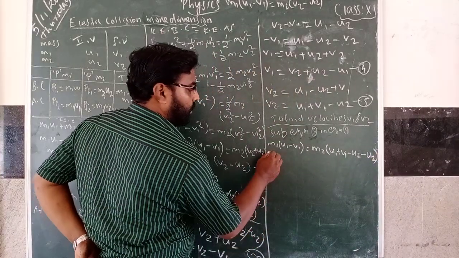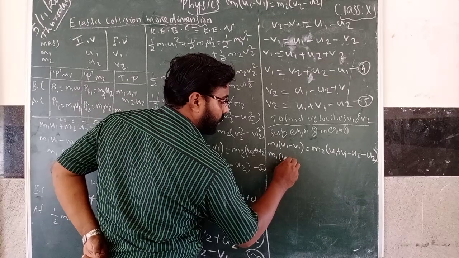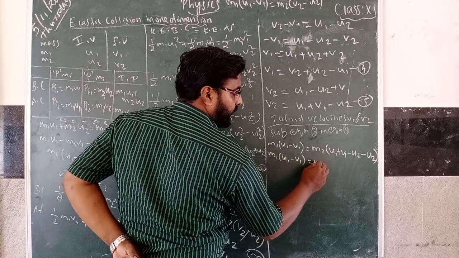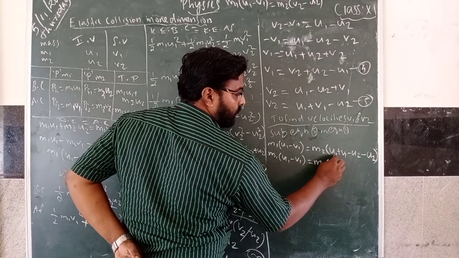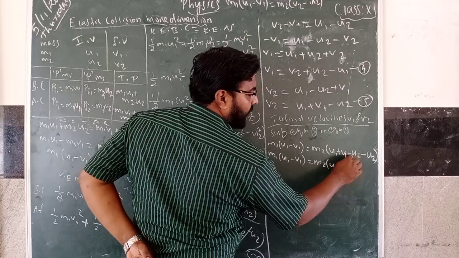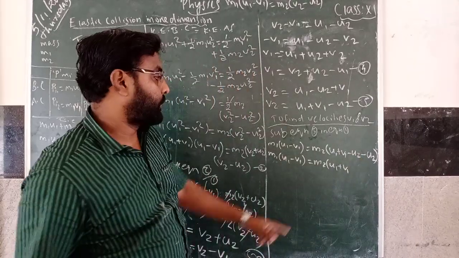Now m1 into u1 minus v1 equal to m2 into u1 plus v1 minus u2 minus u2.